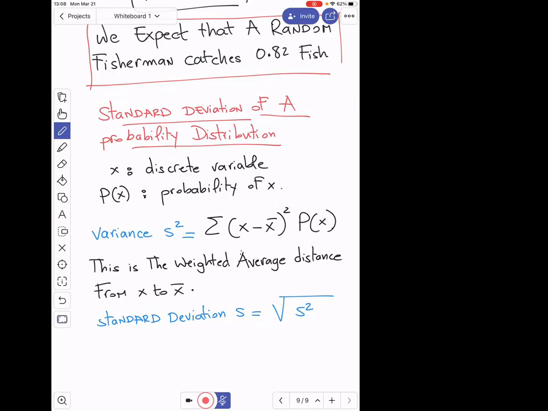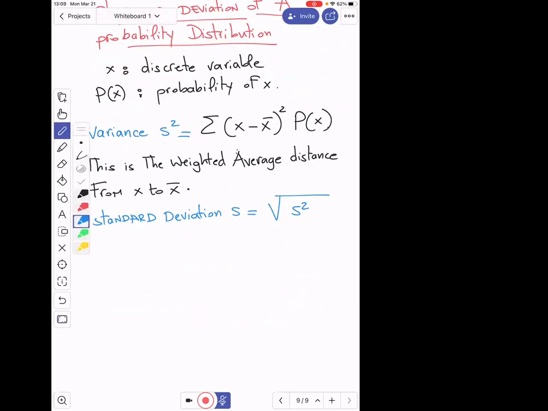So let's do an example. We can do a different example, or we can just use the same examples as the previous ones. Well, we can do a different example.